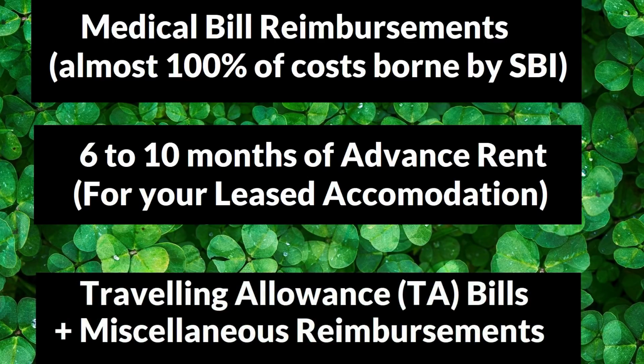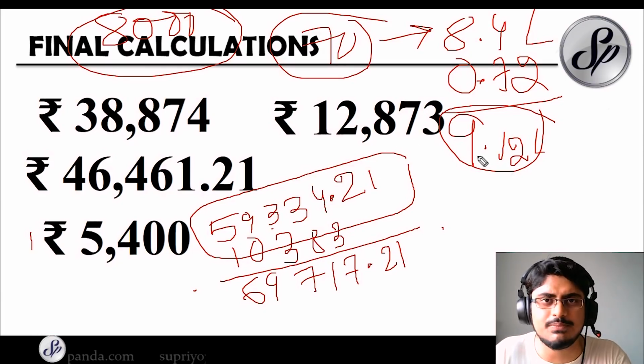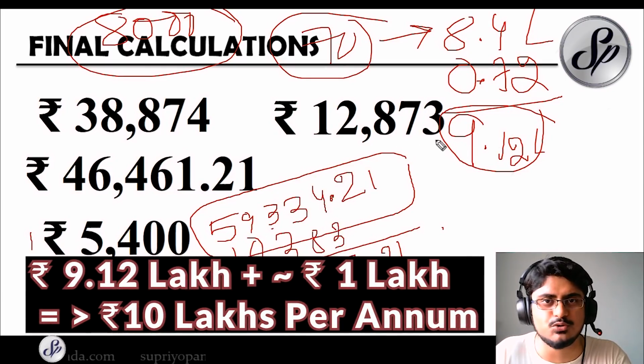TA bills are bills that are incurred by you when you are going on official work. So a lot of amount is given to you as TA bills. Then you will also have other expenses and reimbursements, and everything will add up to even more than a lakh. So even if you take a lesser figure, it will be around 1 lakh, and it will be totaling 9.12 plus 1. So it goes over 10 lakhs.